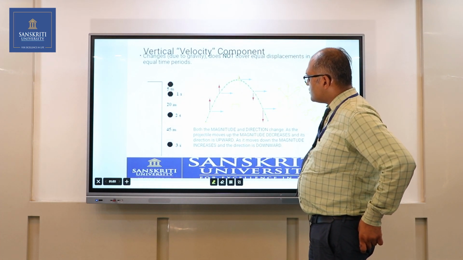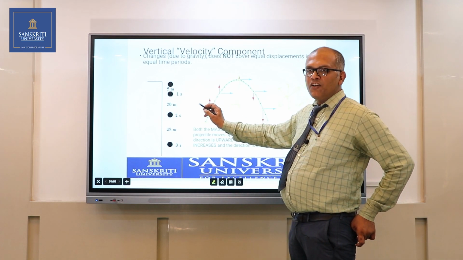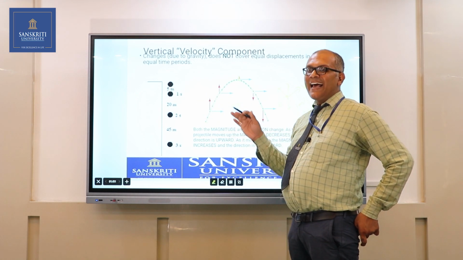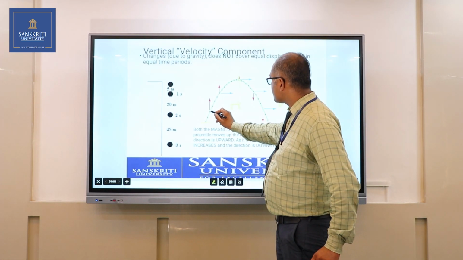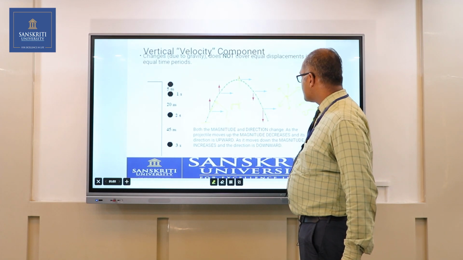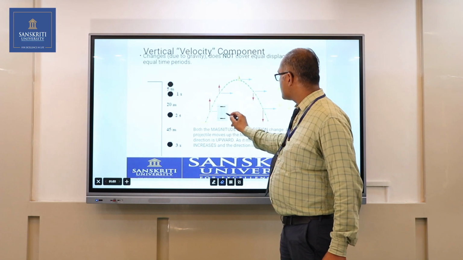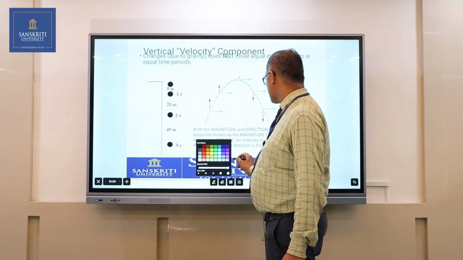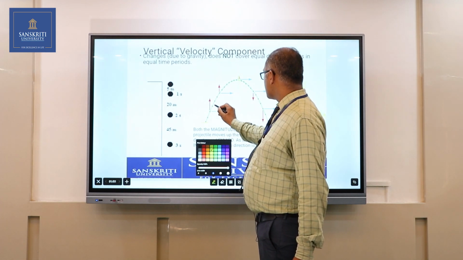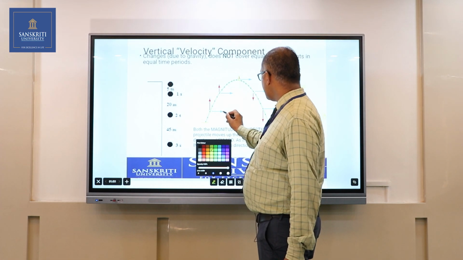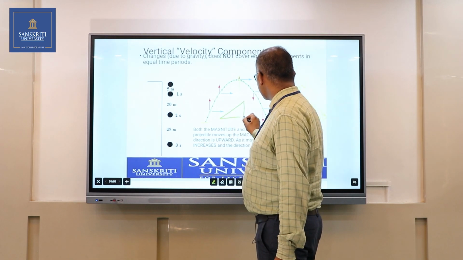Now what we can see is that the resultant of the horizontal and vertical velocity vectors will represent the direction of the projectile motion. You might have seen in vector mechanics in the previous units.